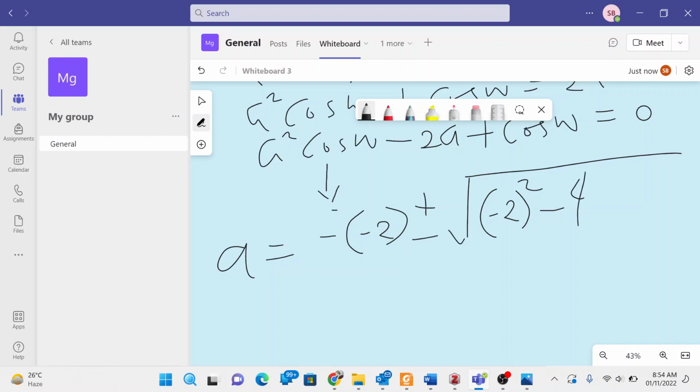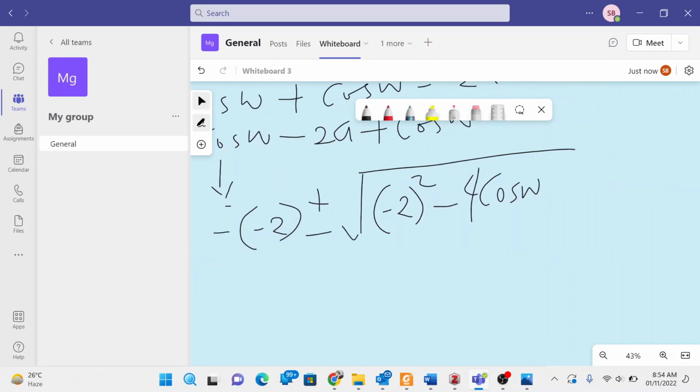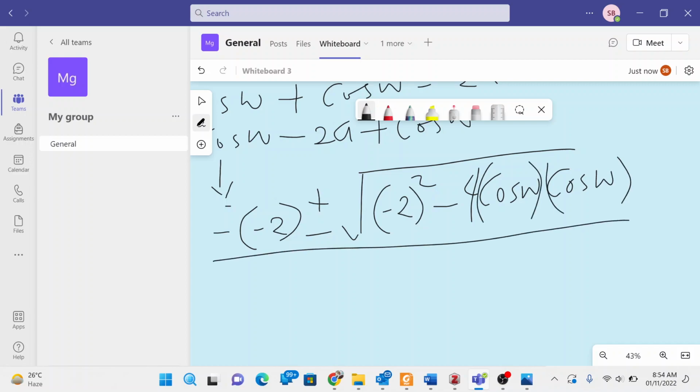So 4, then a is the coefficient of the first term, which is cos omega, and c, which is the coefficient of the last term, which is cos omega as well. So all over 2a, which is the coefficient of the first term, which is cos omega.